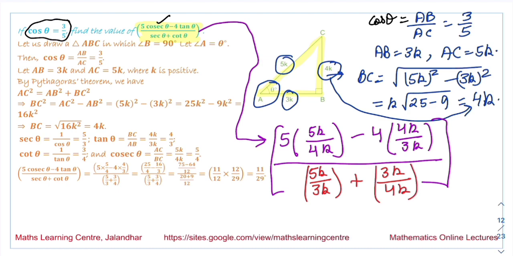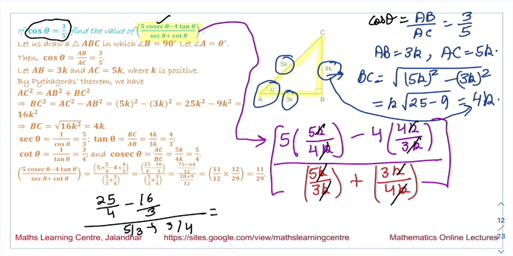All these k's get cancelled. So what we are left with is 25 over 4 minus 16 over 3 upon 5 over 3 plus 3 over 4. On taking the LCM, this is 12, this is 75 minus 64 over 20 plus 9 over 12.